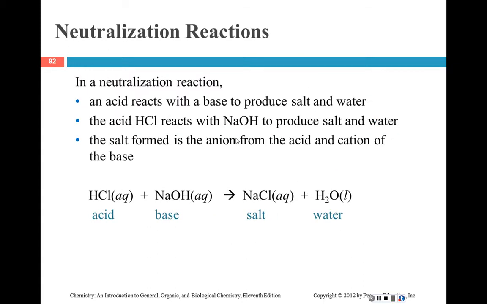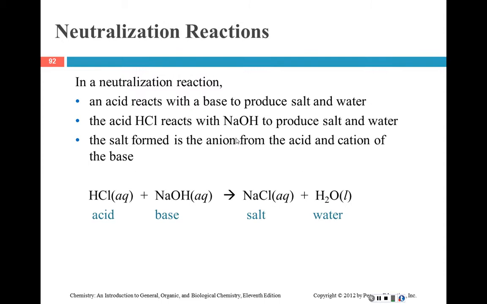So in a neutralization reaction, that's when you're going to add an acid and a base together. Let's just review for a second. With acids and metals, when an acid such as hydrochloric acid reacts with a group 1 or 2 metal, we're going to produce hydrogen gas and the salt.